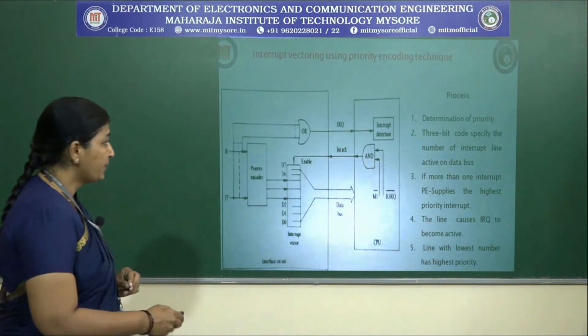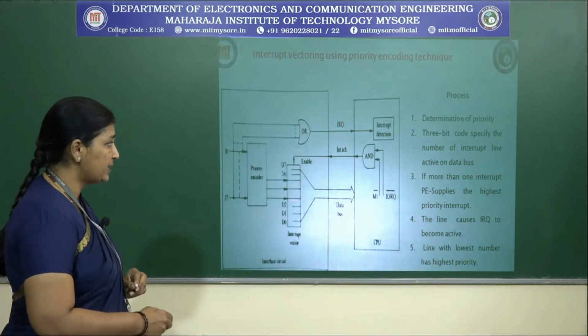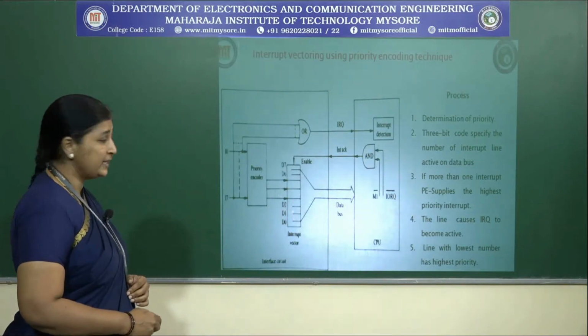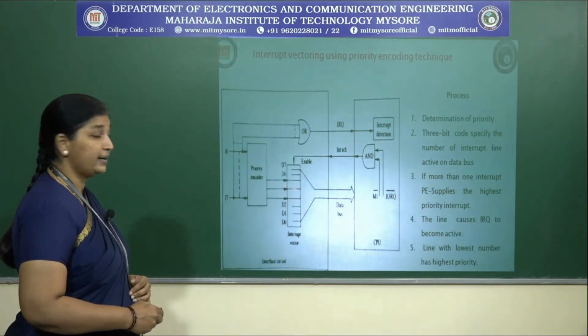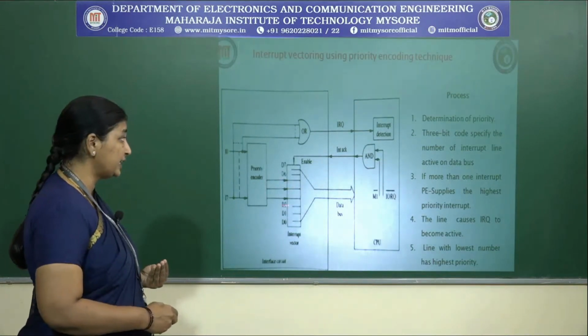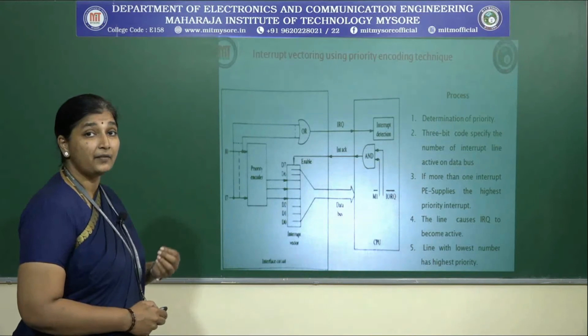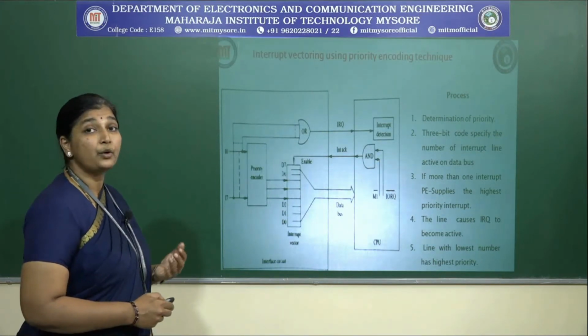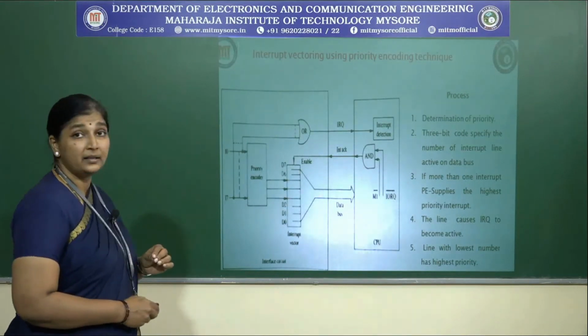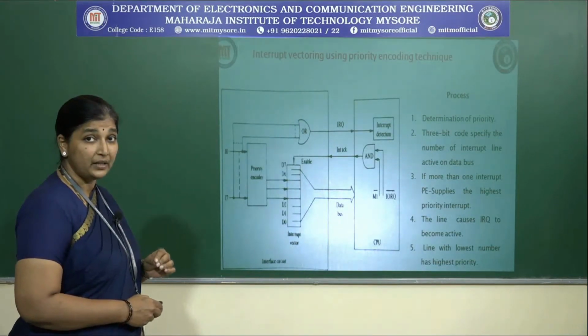So if IRQ is high, it says that D0, 1, 2 don't have an interrupt, but 3, 4 and 5 do. There are 3 bits, a 3-bit code generated saying that these 3 lines have an interrupt. But we don't know about the priority, isn't it? There are active interrupts while transferring data in the data lines.